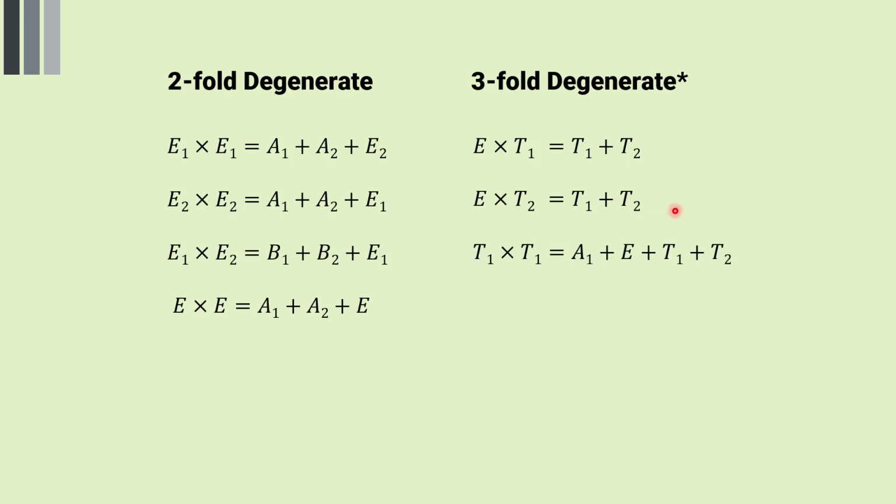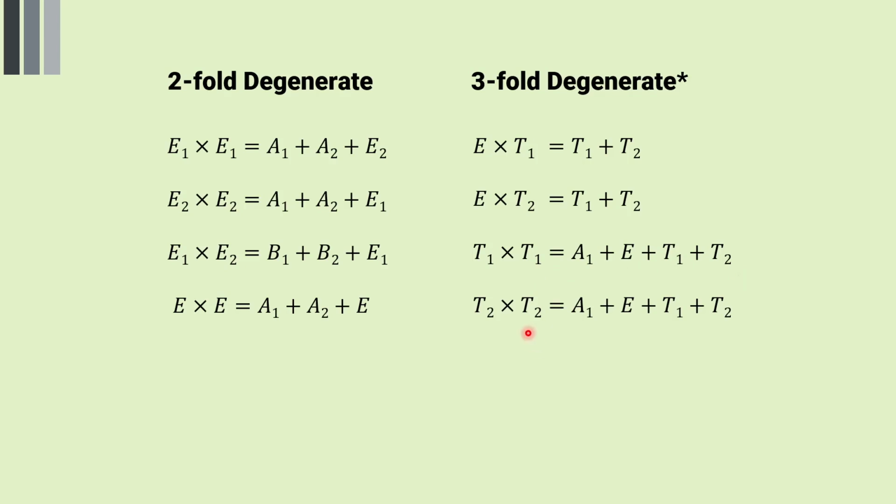And T1 into T1, that is 3 into 3, that is 9. And that would be offering you A1, 1 plus 2 plus 3 plus 3. So 3 plus 3 is 6, 6 plus 2 is 8, and 8 plus 1 is 9. So T1 into T1 is equivalent to A1 plus E plus T1 plus T2. So this is some generalized form that you will receive in the coming text and in various applications of group theory.